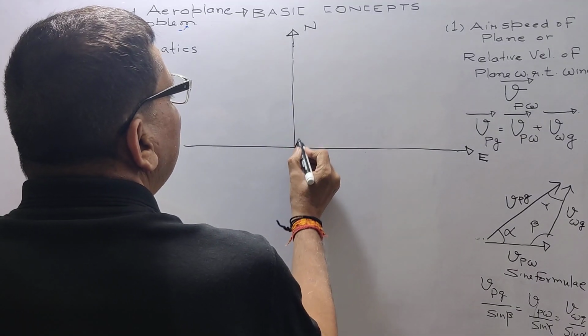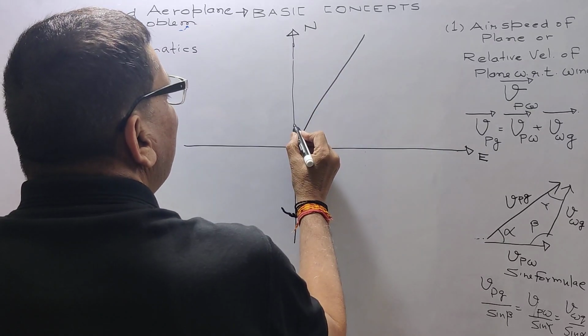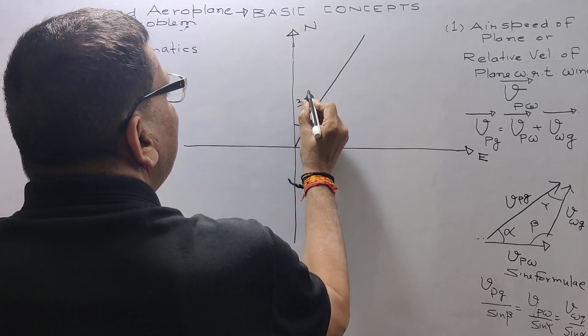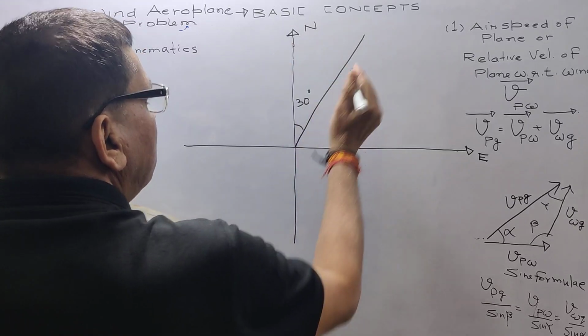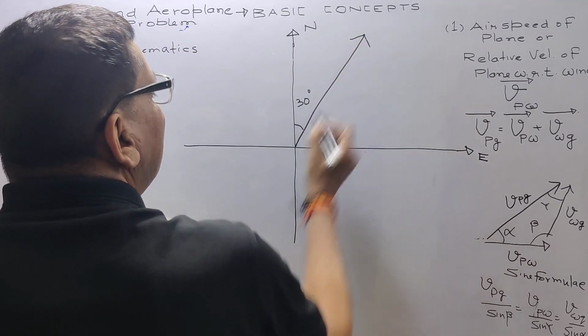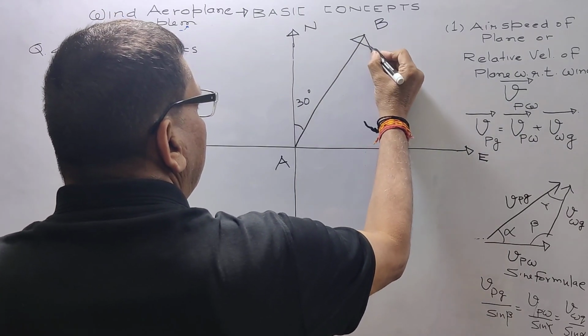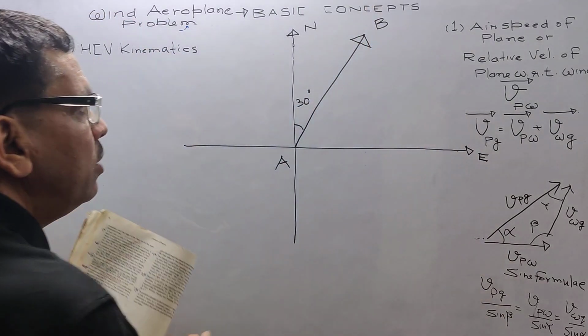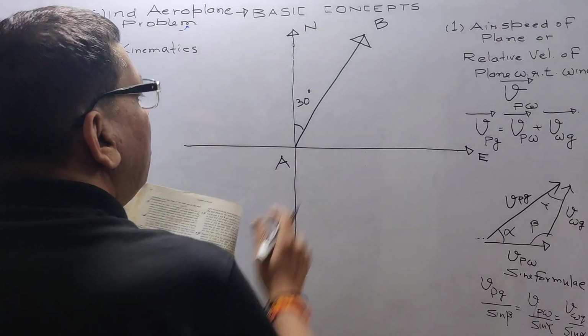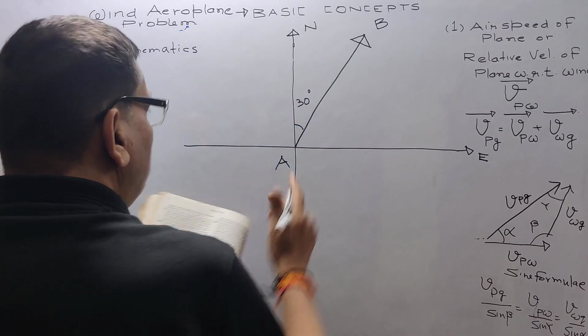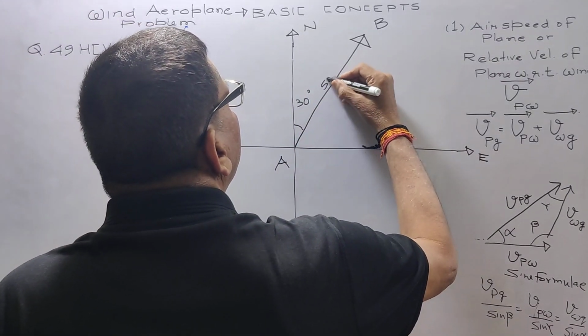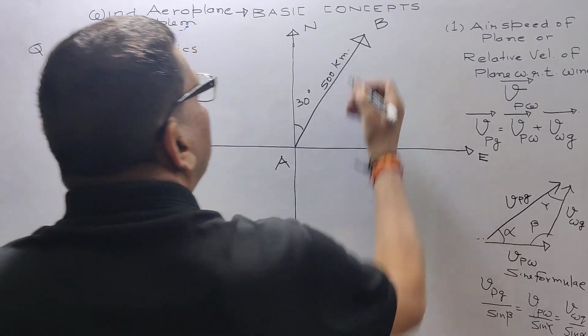So this is 30 degree east of north. This is the direction in which the plane has to go, AB. In this direction the plane has to land. Now this is 500 kilometer away.